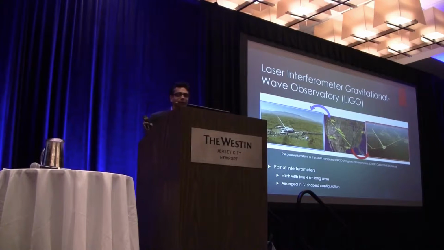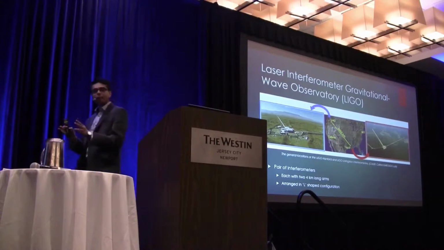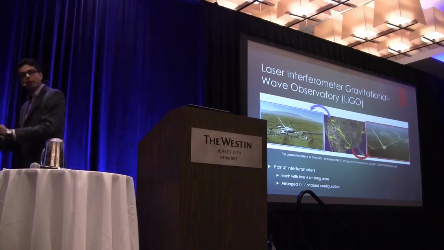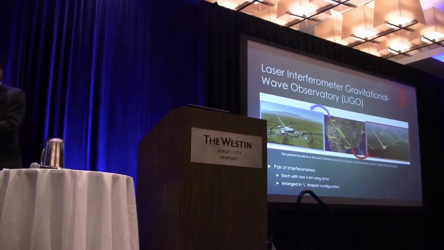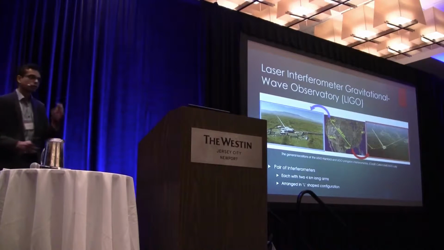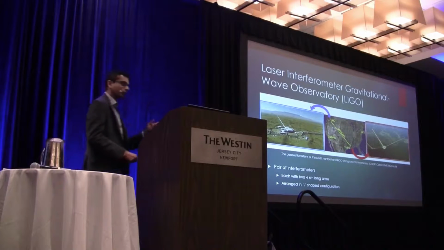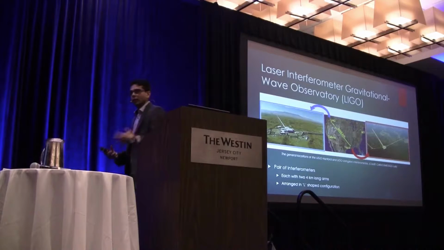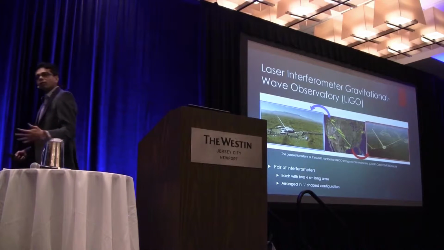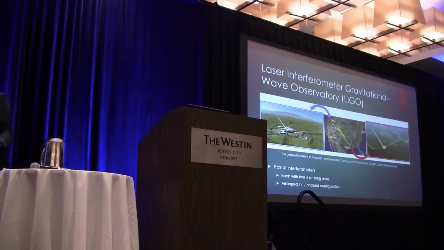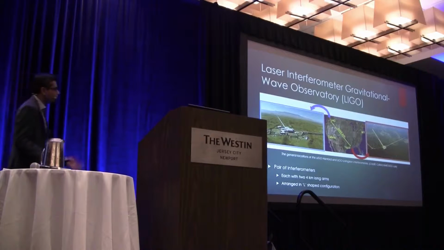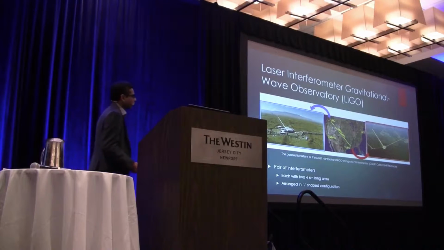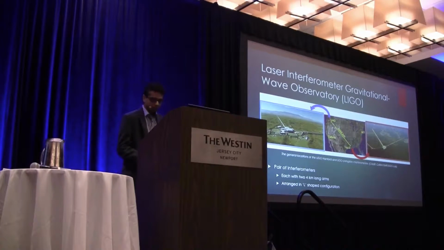LIGO is blind, and it is purposely built to be blind because electromagnetic waves are basically a source of noise, and we don't want that. So the way LIGO detects gravitational waves or detects objects is by listening to it. LIGO has ears. So it is a completely different form of doing astrophysics, and it is opening a completely new window for us to be able to understand the universe in a completely different manner.